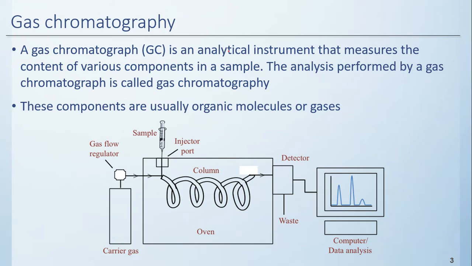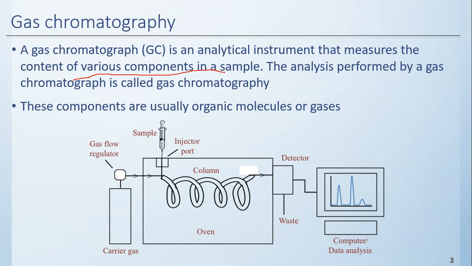So, this one is an analytical instrument which measures various components in a sample of air. Air has different chemical components like oxygen, carbon dioxide, carbon monoxide, etc., then some other organic molecules, water vapor, like that.